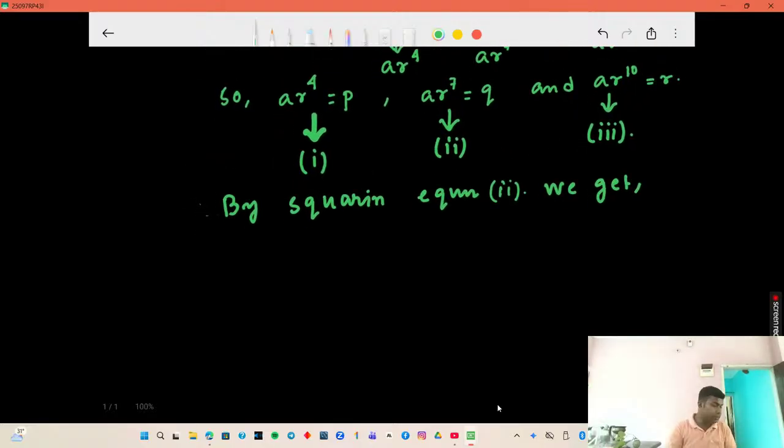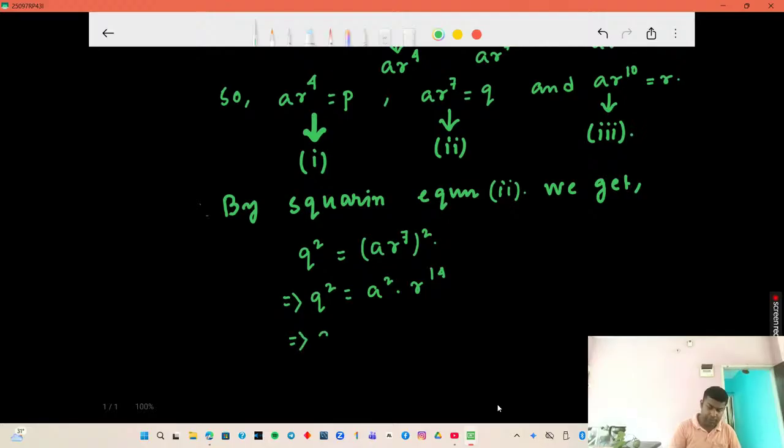So when we square equation 2, we get Q square is equal to A r to the power 7 whole square. Is it clear to you? Now Q square is equal to A square into r to the power 14.